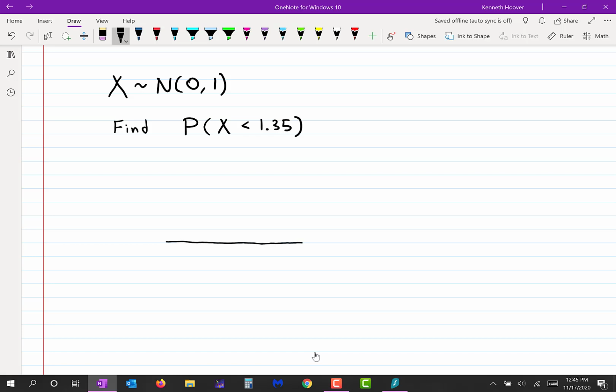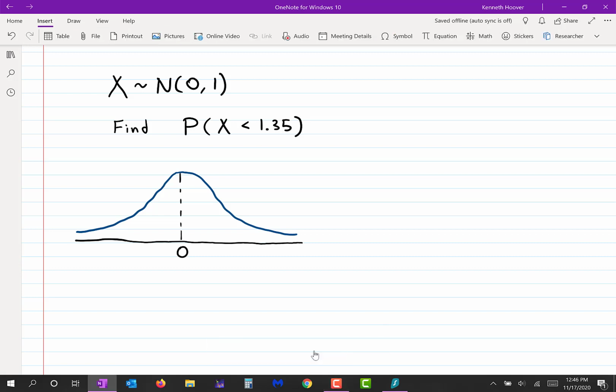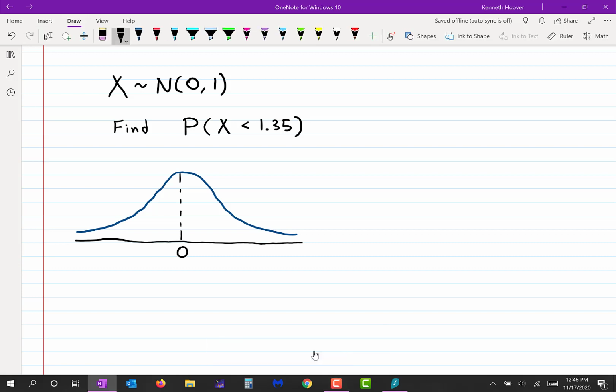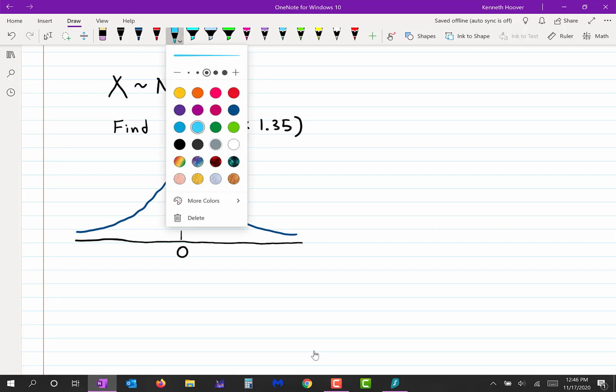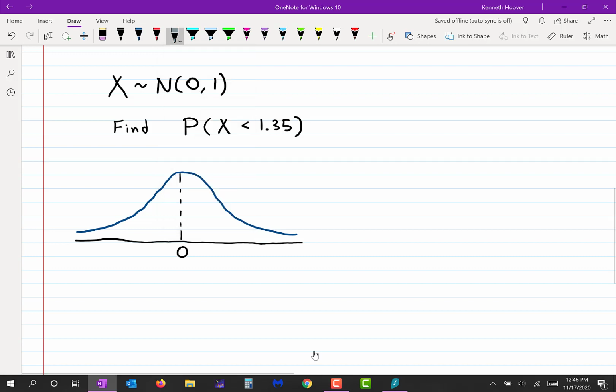The idea is that you have a normal distribution, so a nice bell curve. The mean is 0. And the standard deviation is 1. So what does that tell us? The fact that the standard deviation is 1 tells us, let's just review the empirical rule.